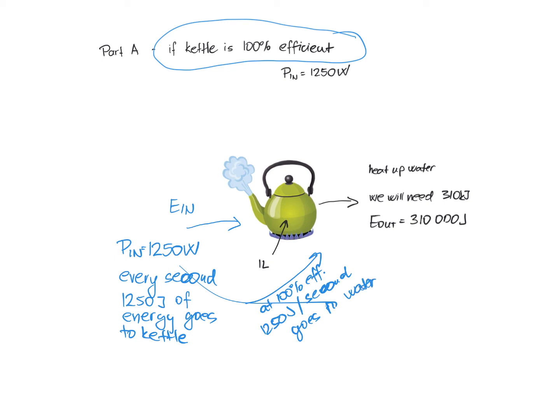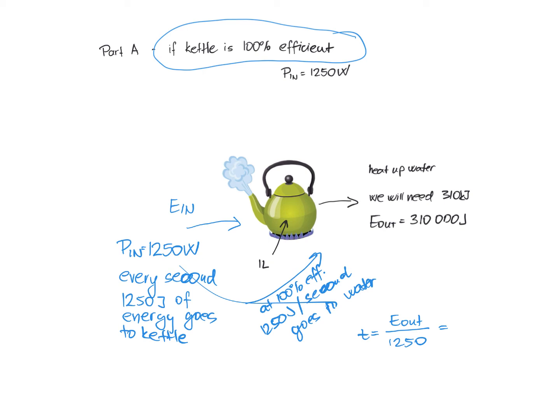So what does that mean? How long is it going to take me? Well, I know that the time is going to be the energy out that is needed divided by what goes in every second, which is 1250 joules.